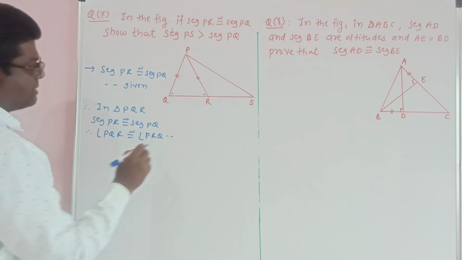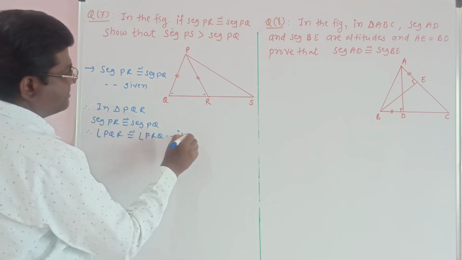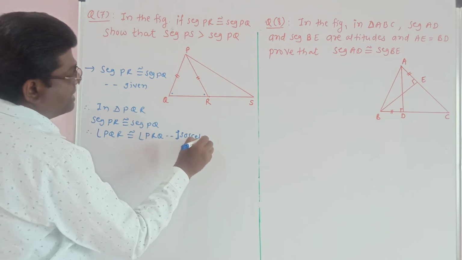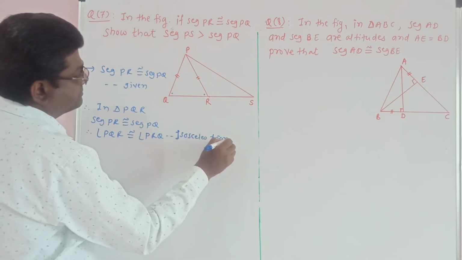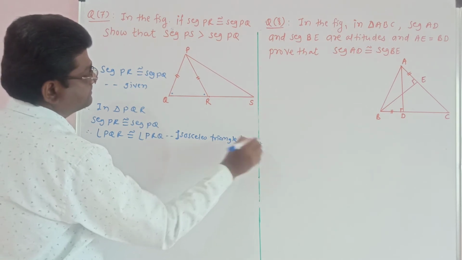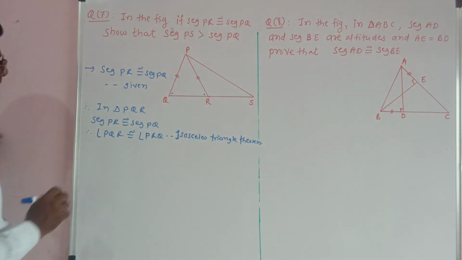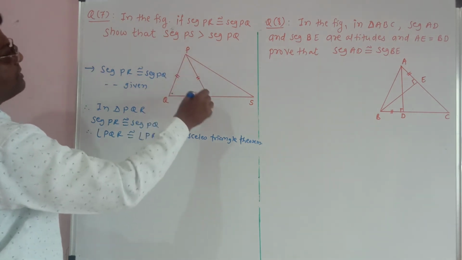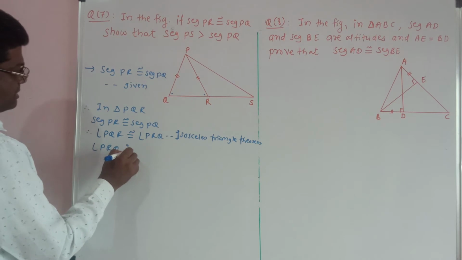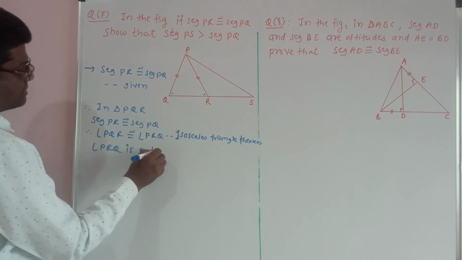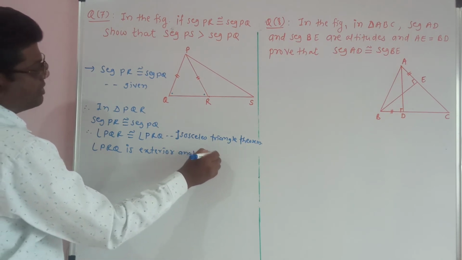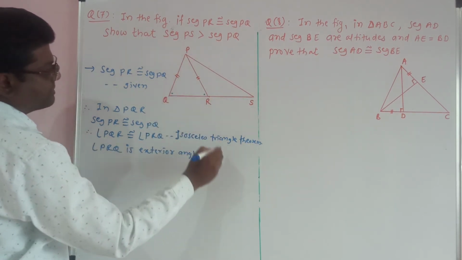Reason is isosceles triangle property, isosceles triangle theorem. Now, angle PRQ is exterior angle of triangle PRS.